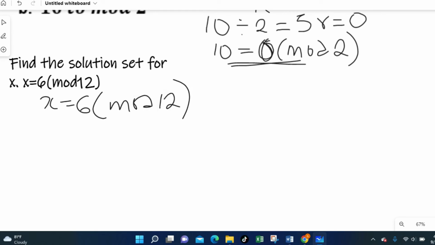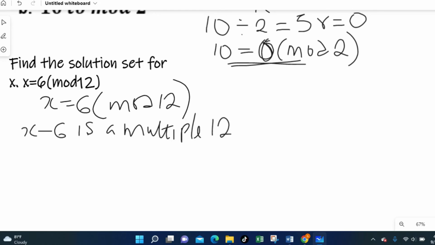Now, we should remember that the value x minus 6 is a multiple of 12, because 6 is a multiple of 12.